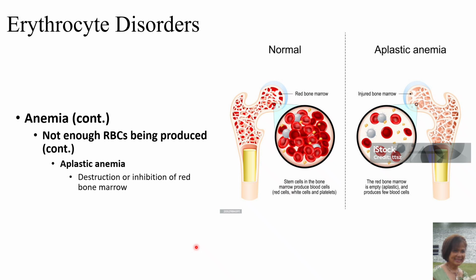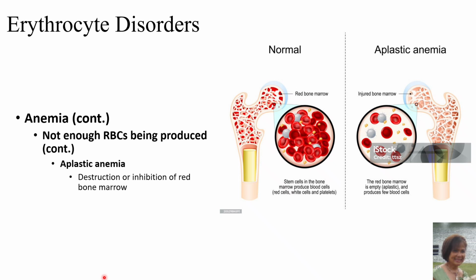And again, this could either be a type of cancer, or regarded as an autoimmune disorder, where there's too much destruction of red blood cells and inhibition of the red bone marrow. You are definitely not going to be able to produce enough blood to sustain you, to support you.